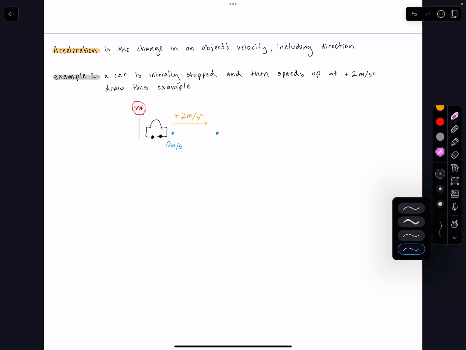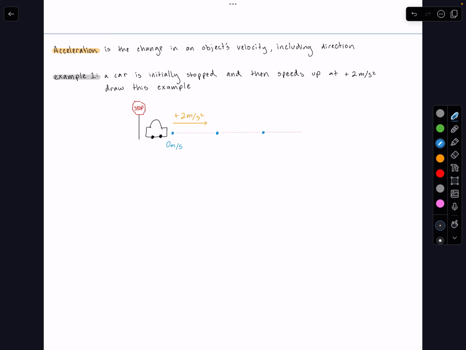After 1 second, because the drawings might not make sense right now, but let me draw this out to give a better visualization. After 1 second, it has sped up to 2 meters per second in the positive direction.